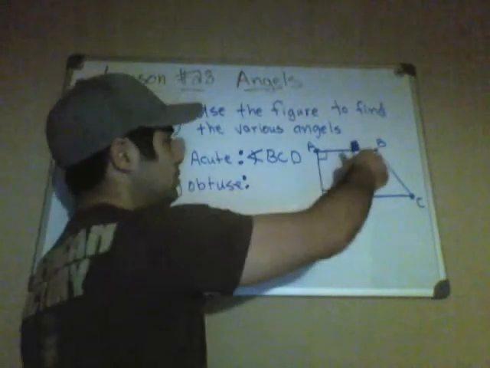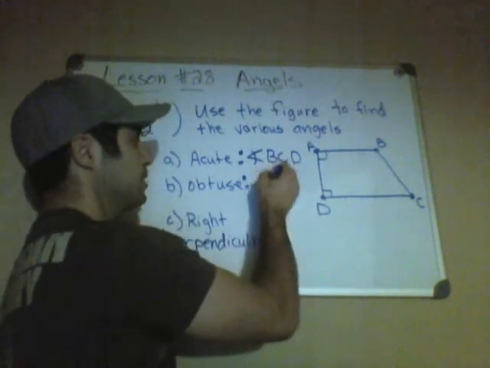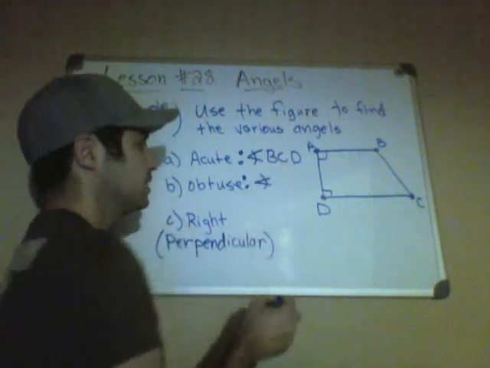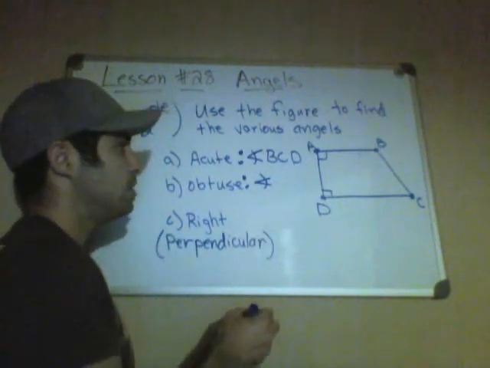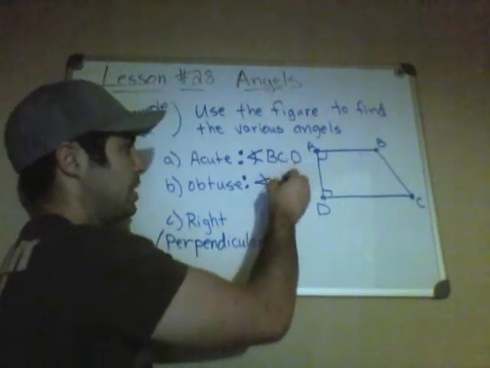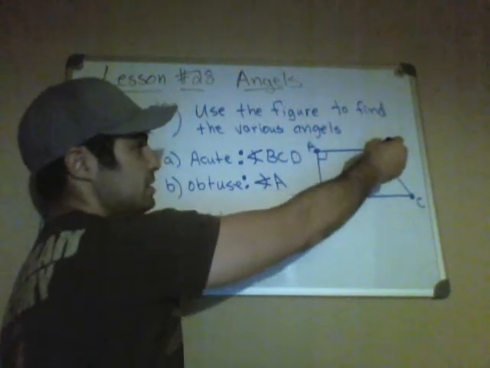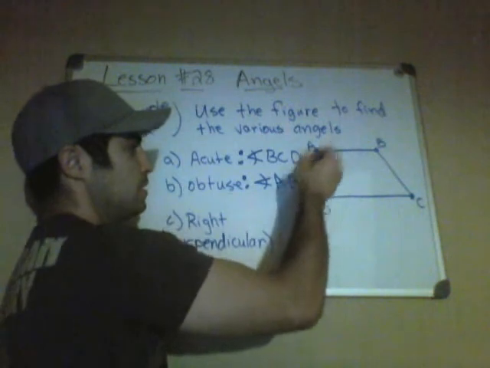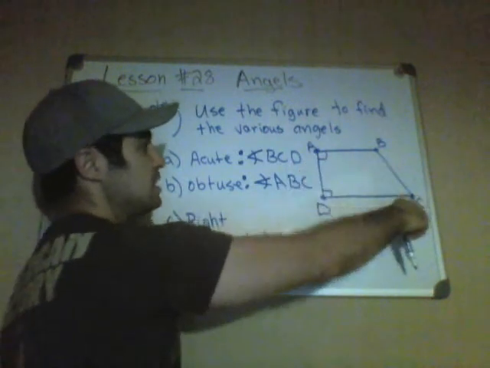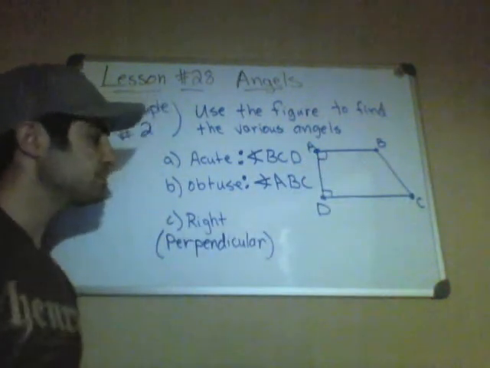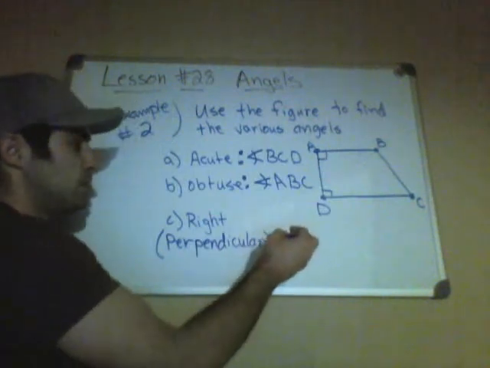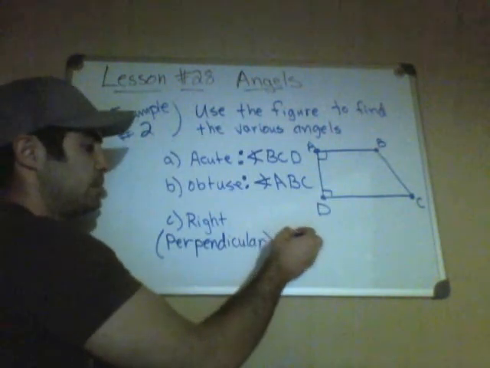So this would be our obtuse angle. So here's your little angle sign. Okay, and the way you would note this would be angle A, B is the vertex, that's the point, and then C. Alright? Last one is our right or perpendicular angle.